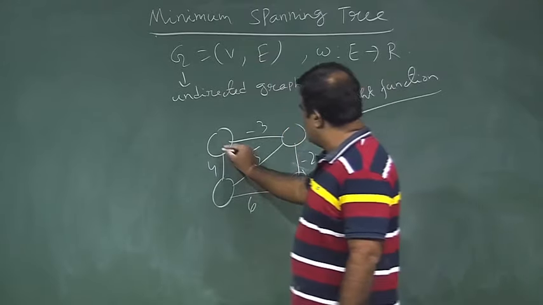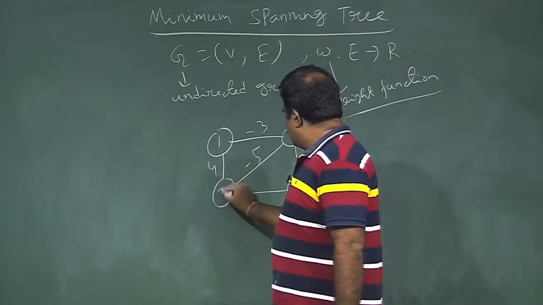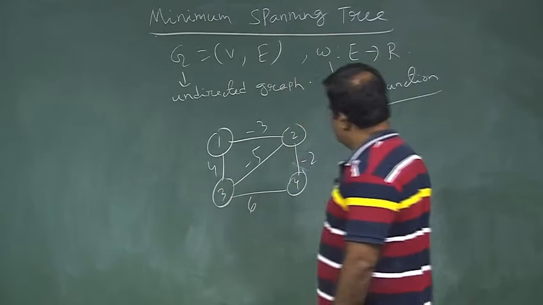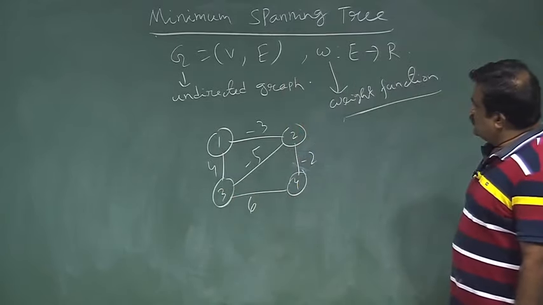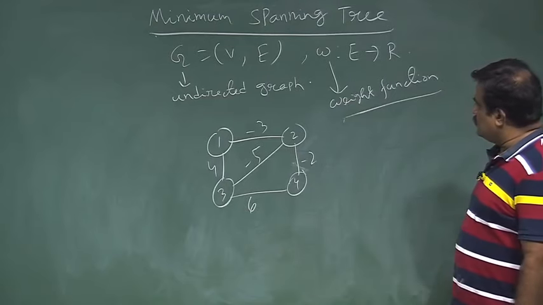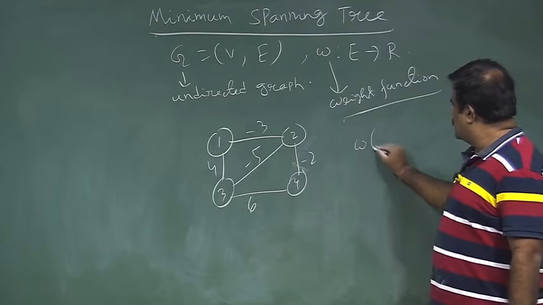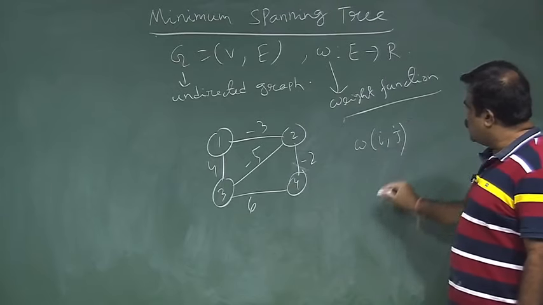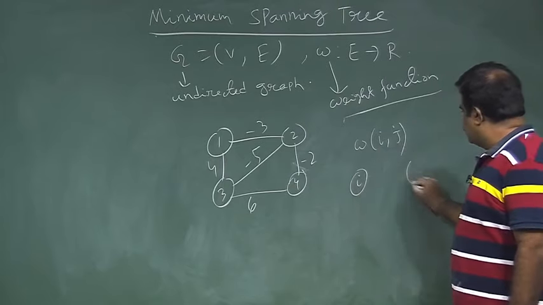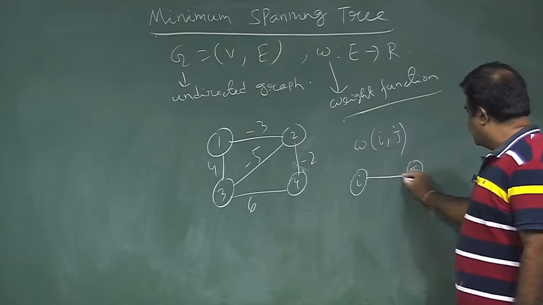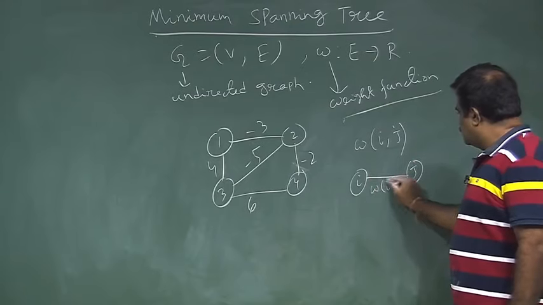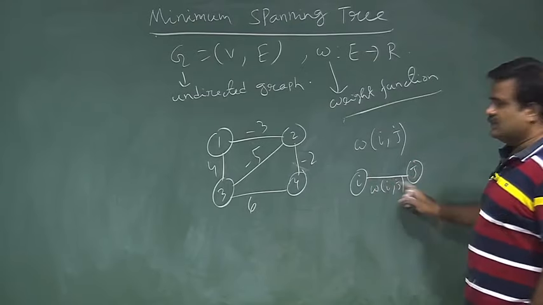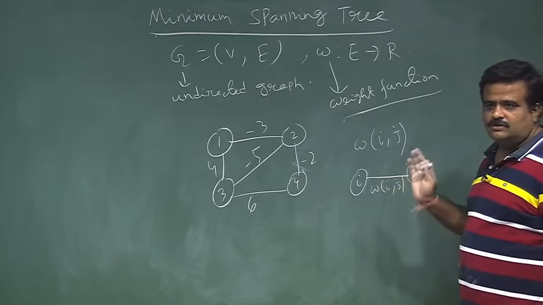And these are the vertices V1, V2, V3, V4. So, this is the weight function. So, W of i j is, if i and j are two vertices and there is an edge, the weight on that edge. So, the weight function is also another input.